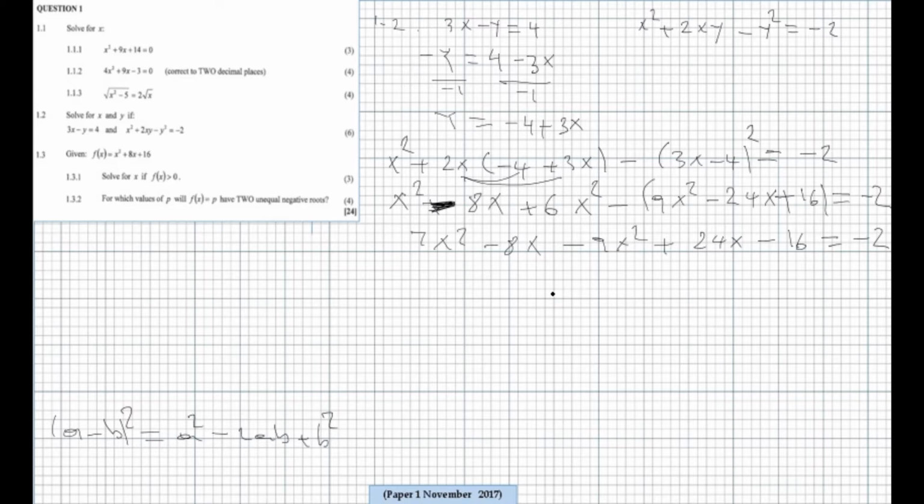So now I'm gonna keep simplifying. I'm gonna see if they are like terms.